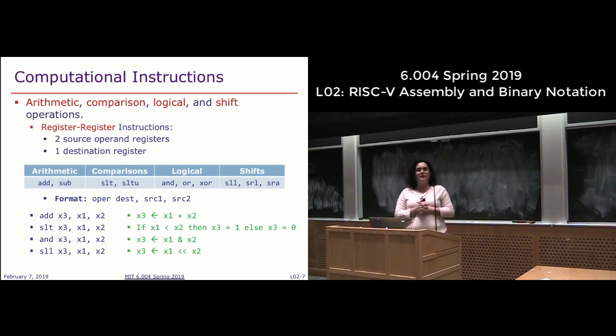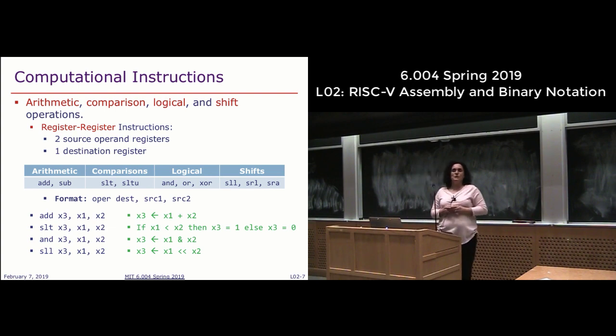It seems kind of small, but you'll find that you can basically do everything with these instructions. So let's just quickly go over what each one of these are. On the arithmetic side, we have add and subtract. The comparison, this stands for set less than and set less than unsigned. And so what this means is it's going to do a comparison between 2 things. And if the comparison is true, it'll set your destination register to 1.